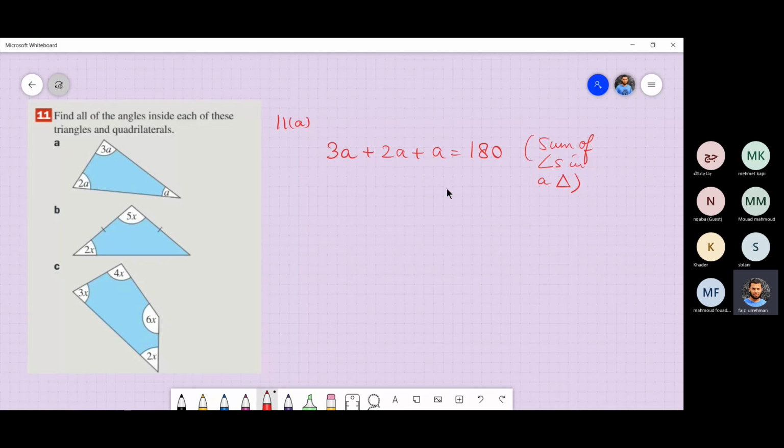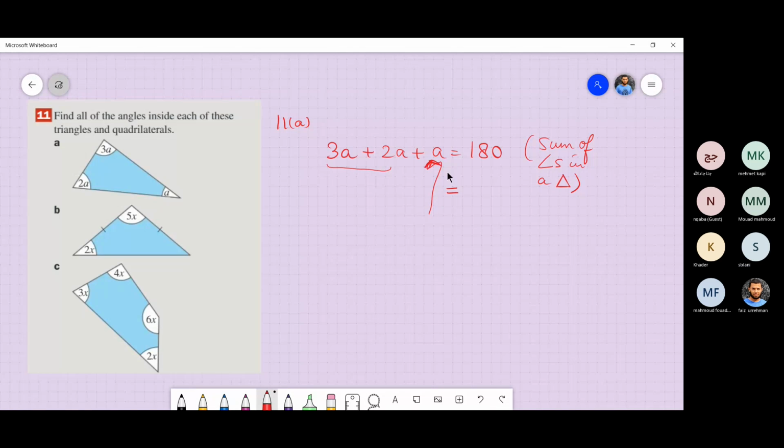Now what can we do? Who can tell me? 3A plus 2A equals 5A. No, you can add all three at the same time. 3A plus 2A plus A will give me how much? 5A you will get only from the first two. What about the A?